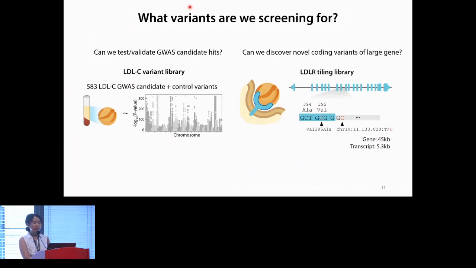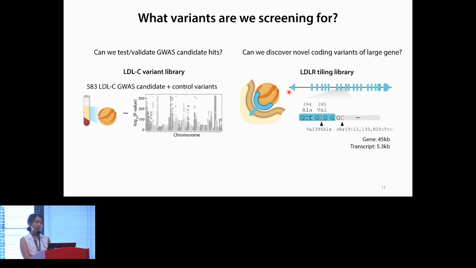So from this LDL-C phenotype, we want to ask 2 different questions through the CRISPR screen. First, can we test or validate the GWAS candidate hits? Because the base editing variant can disentangle the LD variants. And second, can we discover novel coding variants of a very large gene when we cannot really read the editing outcome directly out?